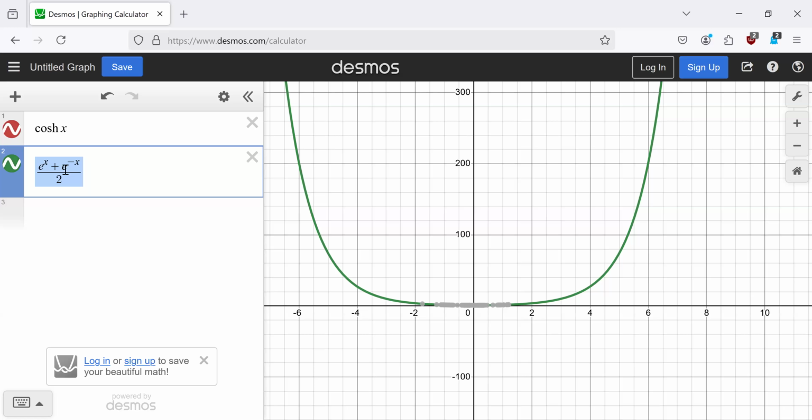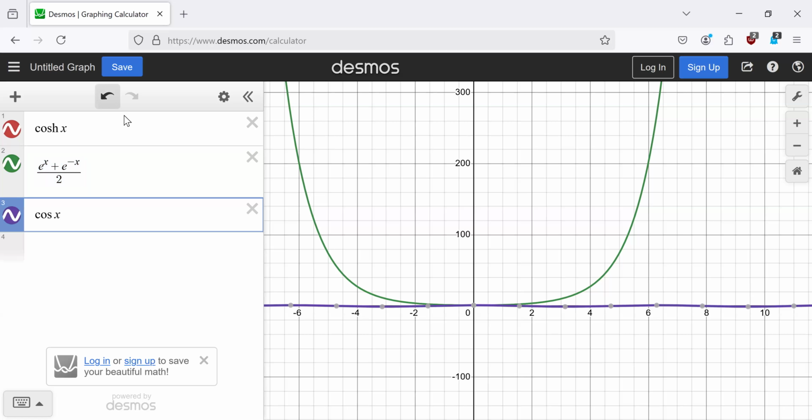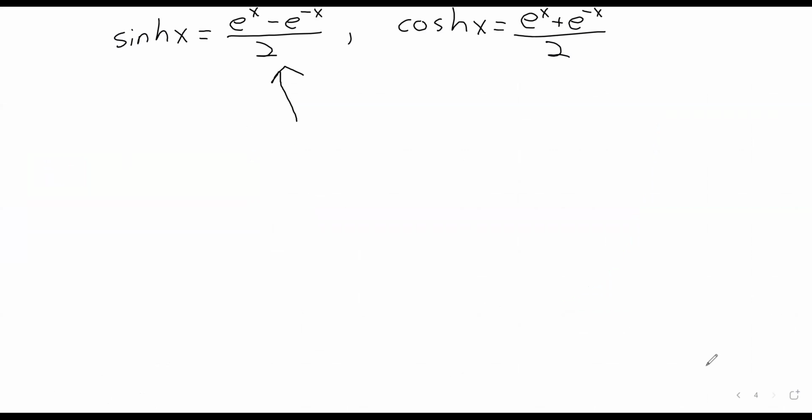They're these extremely quickly growing functions compared to the cosine, which is just stuck down here between -1 and 1. So obviously there are similarities and there are differences.